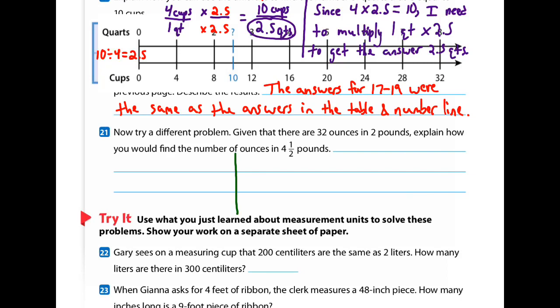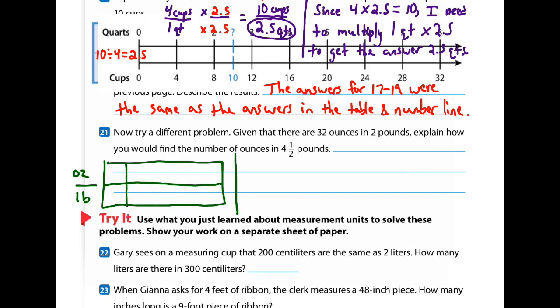So I have 32 ounces in 2 pounds. I'm going to write that down. Maybe I'll do a table here. I'll do ounces, OZ, and pounds, LB. Okay, so I have 2 pounds here, 32 ounces here.